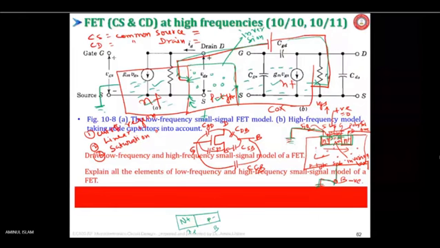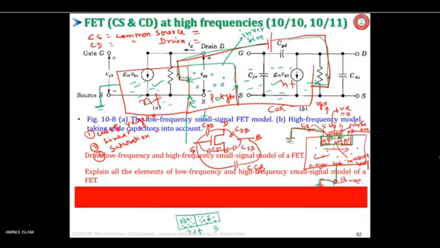See here, if there is no bias, what will happen? Tell me. You have a lot of electrons on this side and holes on this side. Tell me what will happen at this PN junction? Diffusion. Yes, diffusion will take place.